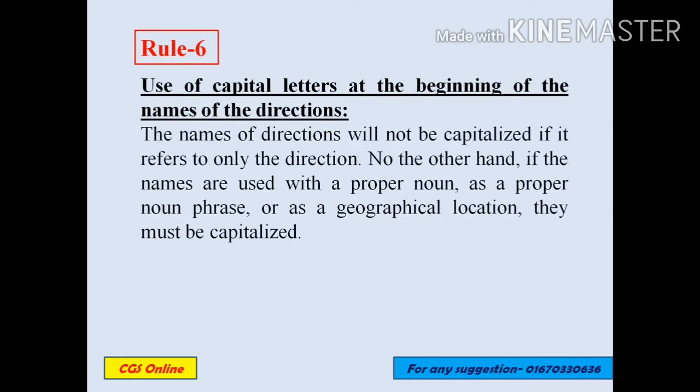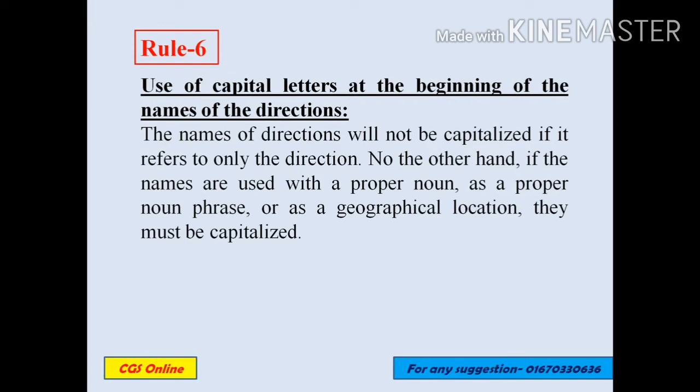Now, I would like to discuss something very interesting: use of capital letters at the beginning of the names of directions. It is very confusing whether the names of directions like south, north, east will be written in capitalized form or not. So today I will try to make it clear to you, and I will tell you how to use it.